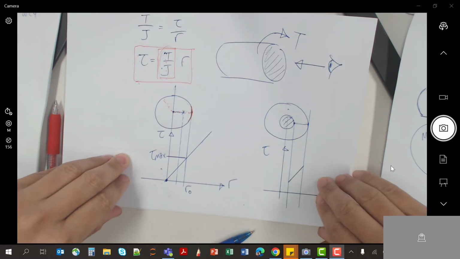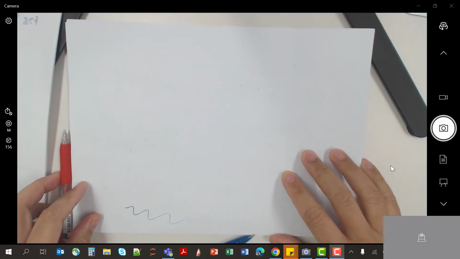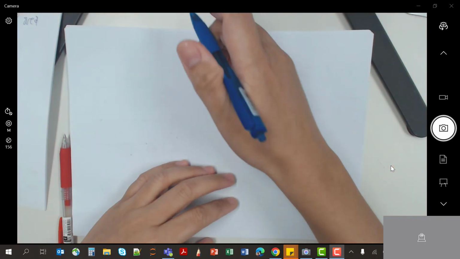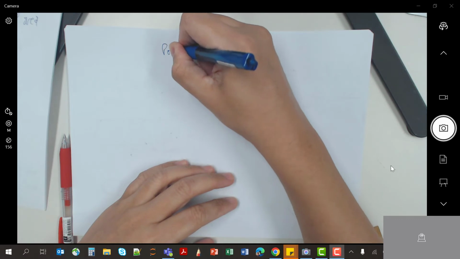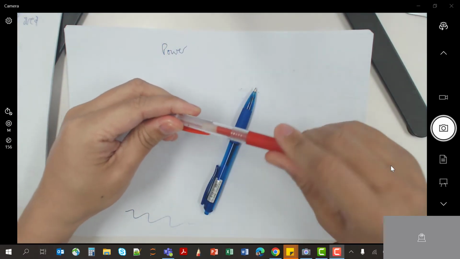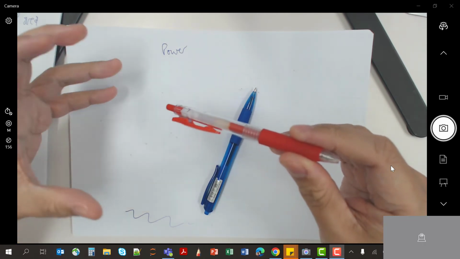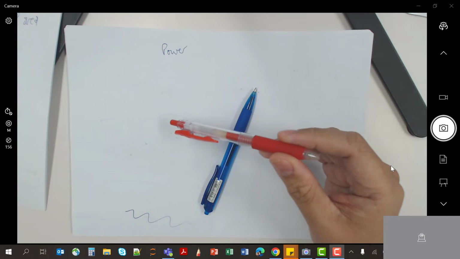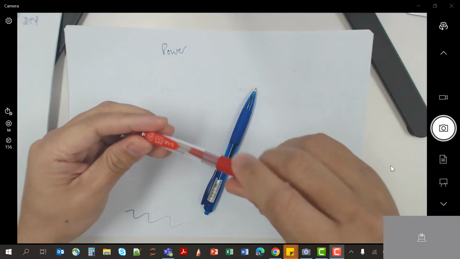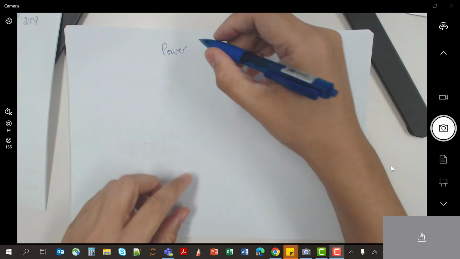Like all engineering questions, we are always interested in power. So if I know that I am supposed to provide a certain torque to twist this shaft, and this shaft incidentally is connected to some kind of a motor or an engine, and so as it turns, how much power is required or how much power is generated?